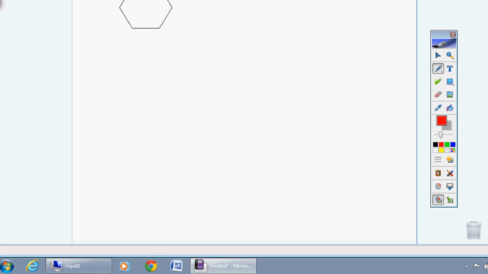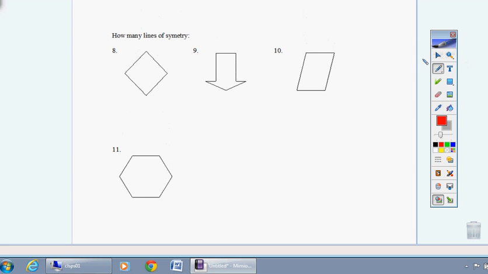Alright, the last type of problems we're going to do is we're going to go back to what we talked about in the beginning when we talked about lines of symmetry. So what it asks is, how many lines of symmetry do each of these shapes have? Okay, well, it looks like in number 8 we have a square tilted on its side, or what looks like a square. Okay, so our lines of symmetry, remember, are the lines that I can draw through, and again, it might not look accurate on here, but it's the lines that I can draw through that create symmetrical shapes on both sides.